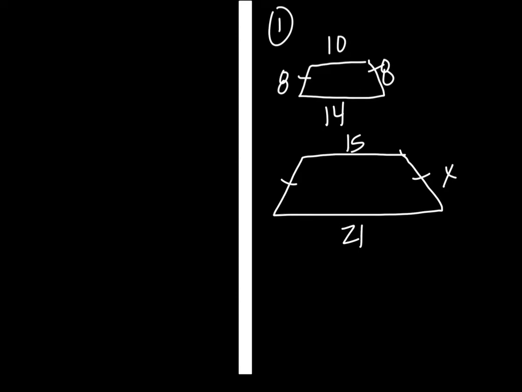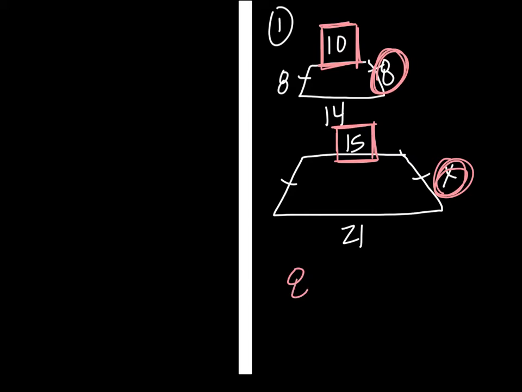So corresponding sides. So 8 goes with x, and you can use 10 or 14. I'll use 10, which goes with 15. Understand that there's not just one way to solve these proportions. So we have the first shape, 8 over 10.